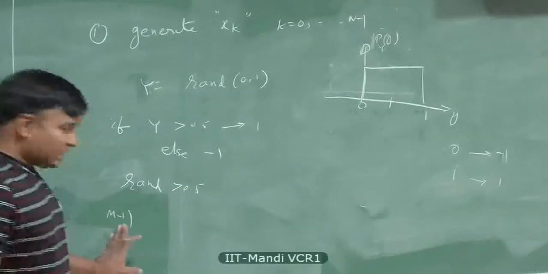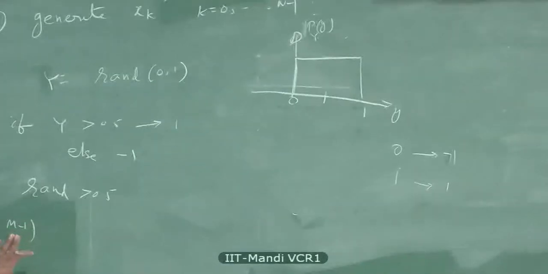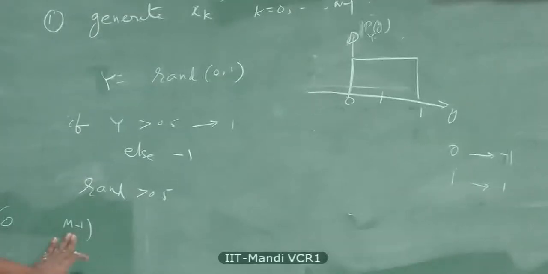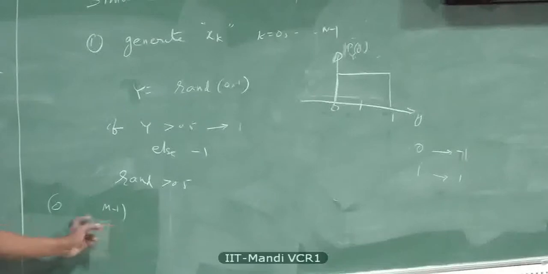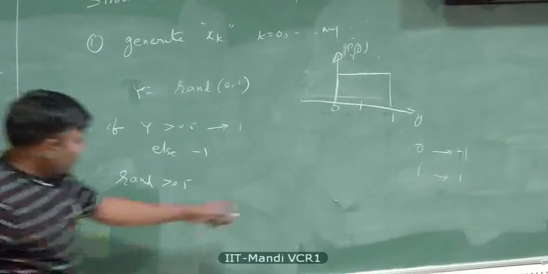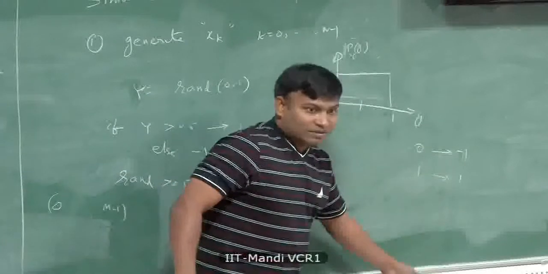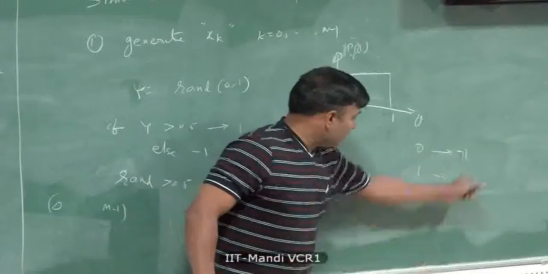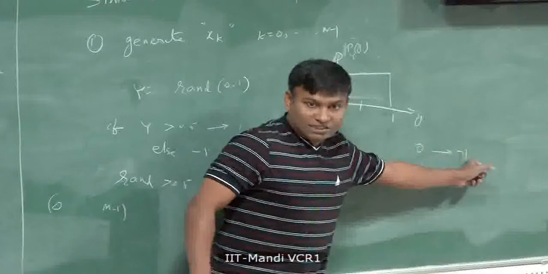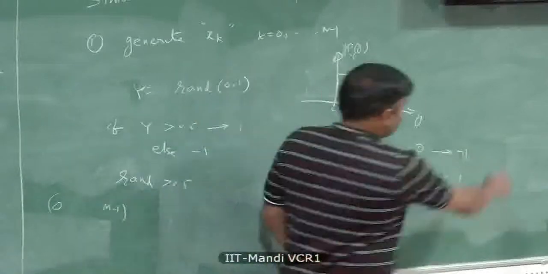And when the constellation size is large, this is probably how you want to do it. If there is a 64 QAM constellation, you pick one point randomly between 0 and 63 and go to the lookup table. There are 64 entries in this lookup table, 0 to 63, and for each point there is an associated value, that is the constellation.